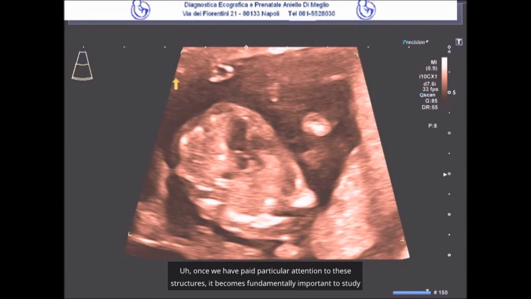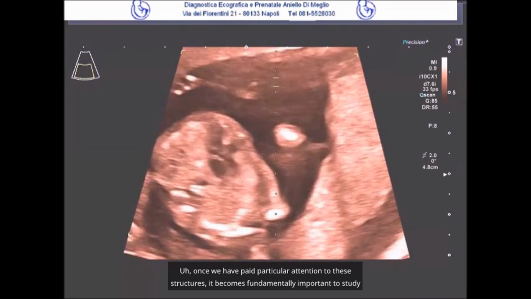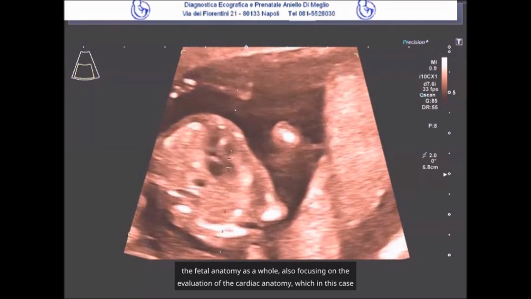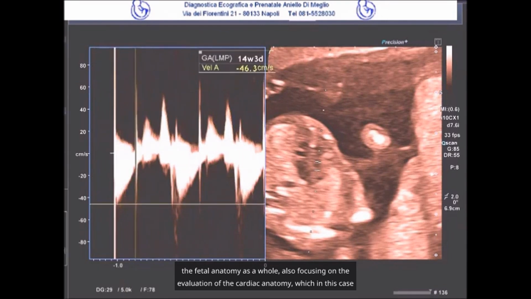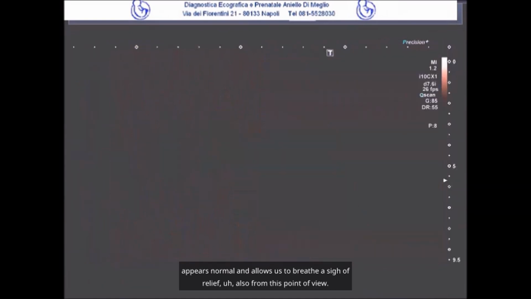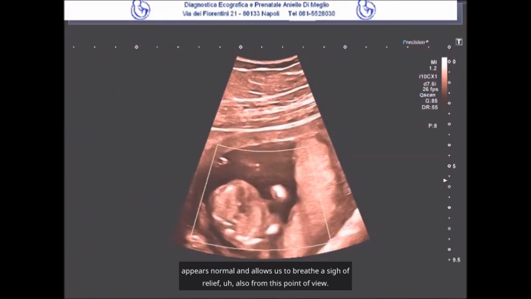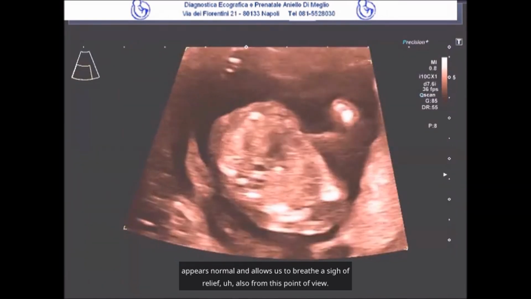Once we have paid particular attention to these structures, it becomes fundamentally important to study the fetal anatomy as a whole, also focusing on the evaluation of the cardiac anatomy, which in this case appears normal and allows us to breathe a sigh of relief.